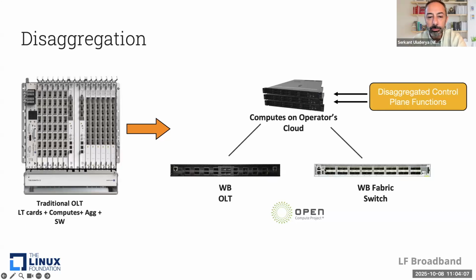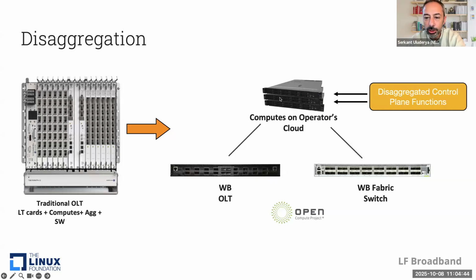And also there are fabric switches as white box switches. Those white box fabric switches can aggregate multiple OLTs. And also with standard compute servers, you can deploy the application logic into the servers. So the OLT only serves a thin software part, and most of the OLT application logic could be in these compute nodes.